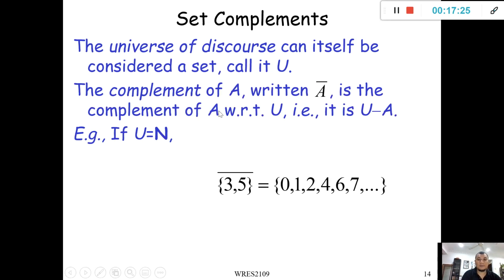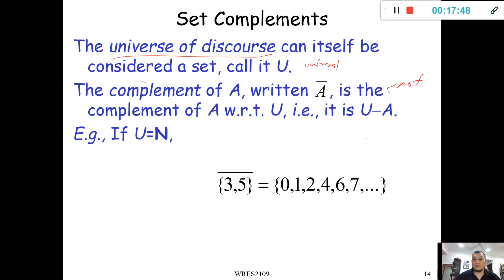So set complements. The universe of this course can itself be considered a set. Call it U. So U is the universe of this course, or you can just use universal. And then we want to talk about the complement. Complement is more on NOT.